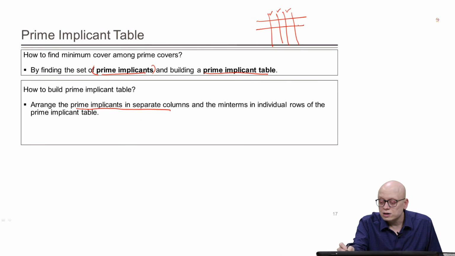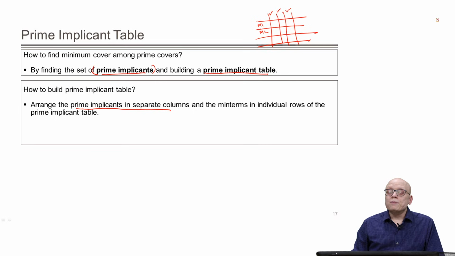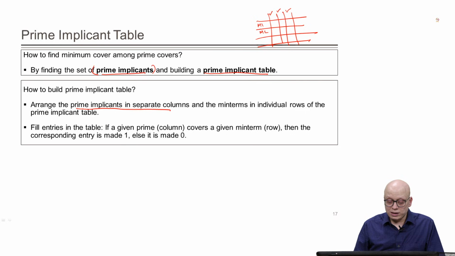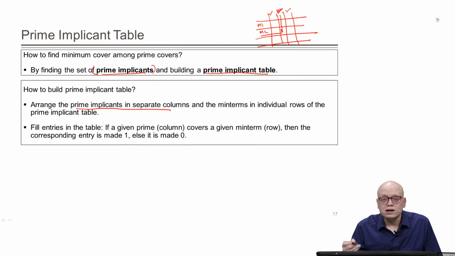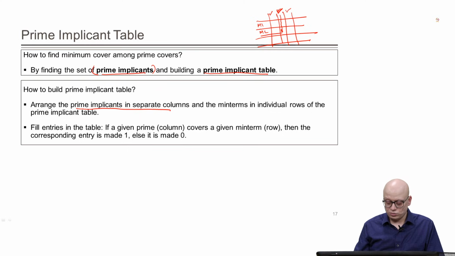So, we arrange minterm 1, minterm 2 and so on in rows, and we make an entry in the table as 1 if the given prime implicant covers the given minterm, otherwise we make it 0.